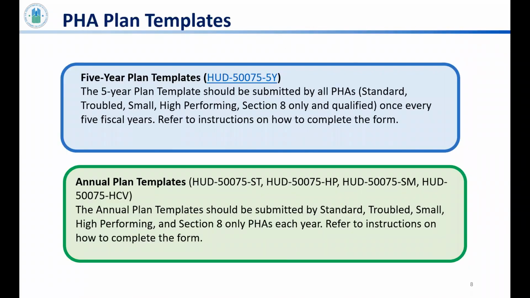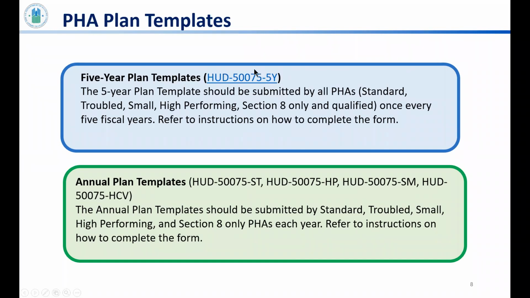Okay, so there are different templates for PHAs to complete. The annual plan template depends on the type of PHA. The annual plan templates are submitted by non-qualified PHAs. I want to make note that the 5-year plan is the HUD 50075-5Y. The 5Y stands for 5-year.